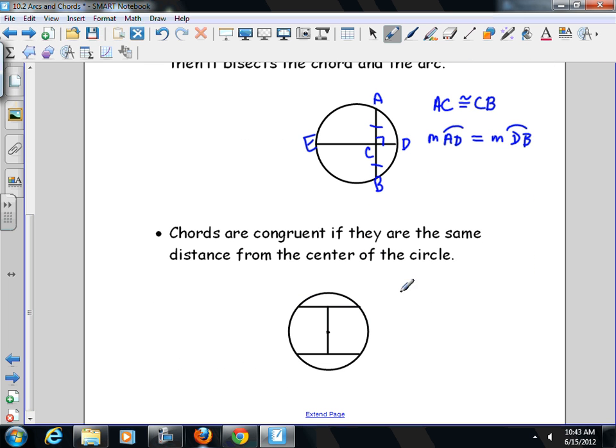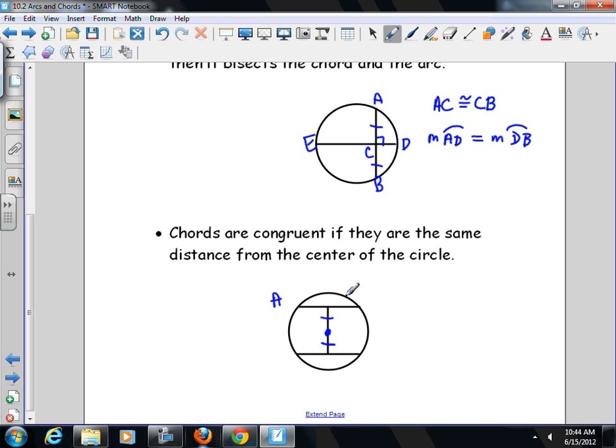Our last fact for today, chords are congruent if they are the same distance from the center of the circle. So here's the center, which I'll mark a little darker so you can see it. And if we know that these two segments here are congruent, then we know that the chords are congruent.